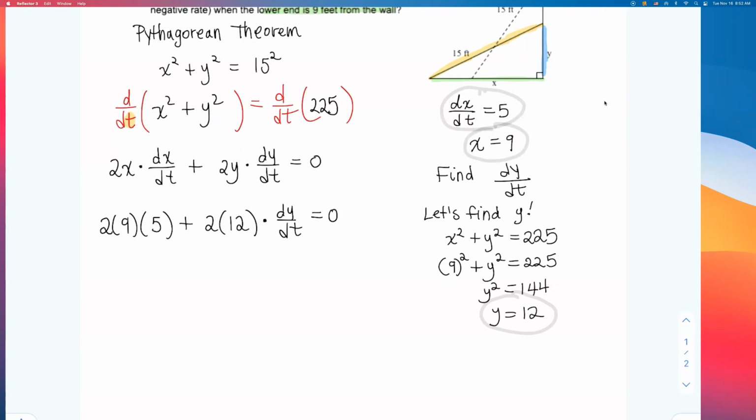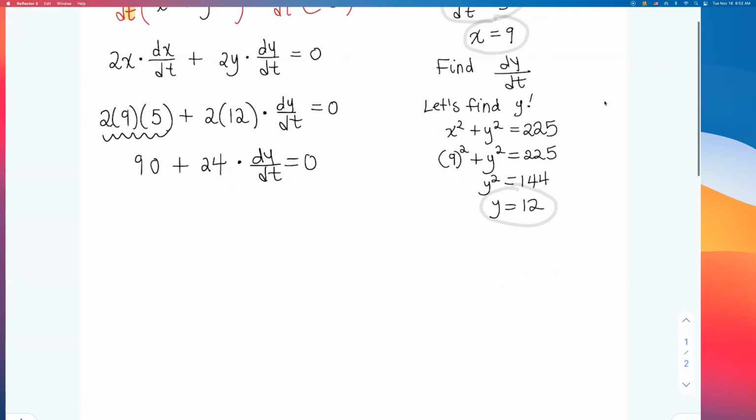If I multiply these three numbers, 2 times 9 times 5 is 90. 90 plus 24 times dy/dt, all that equals 0.